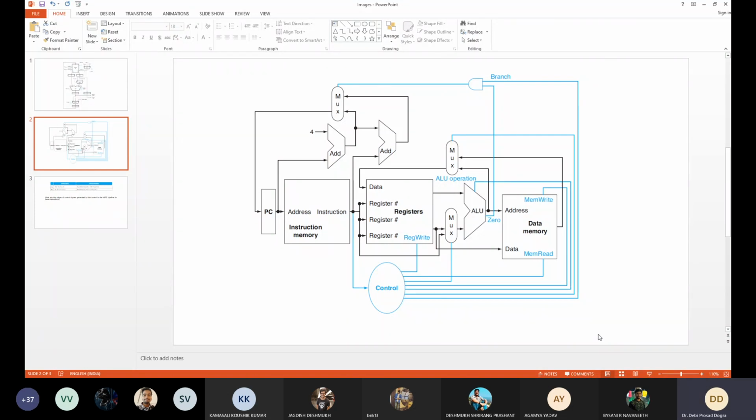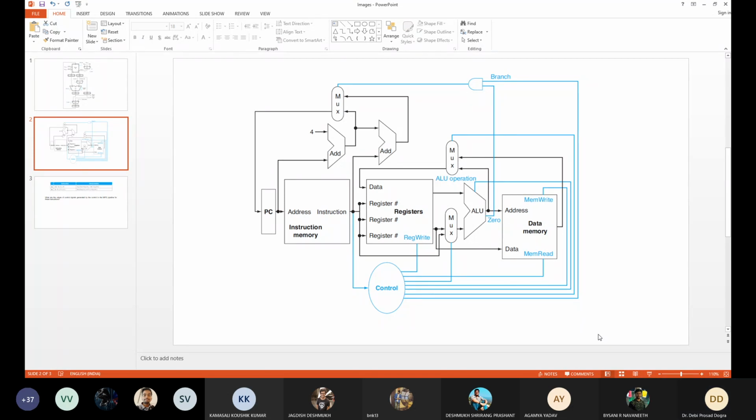You also study, there is a control unit. We have not explicitly mentioned how the control unit is designed, but in this circuit some of the control signals are shown.